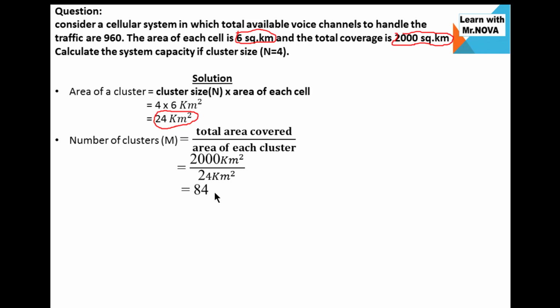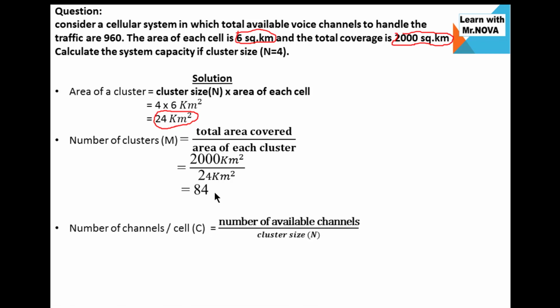Next, we have to calculate the number of channels per cell. If you read the question carefully, the number of channels per cell is calculated as the number of available channels divided by the cluster size.